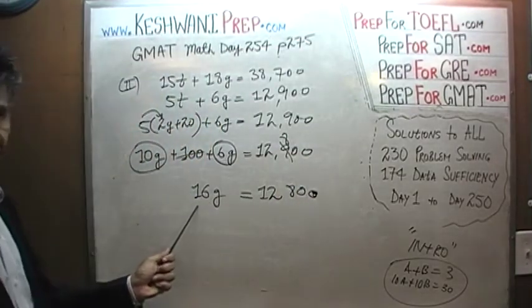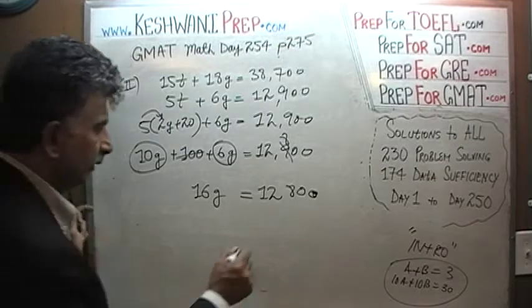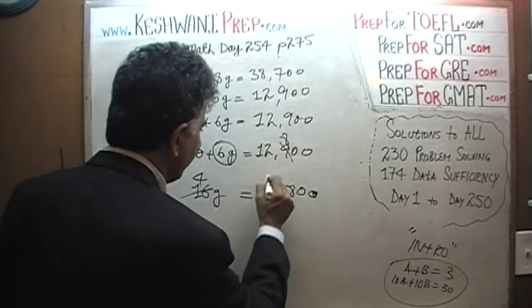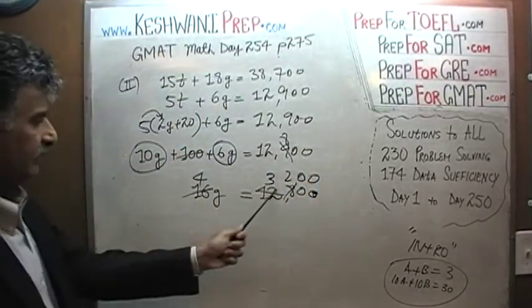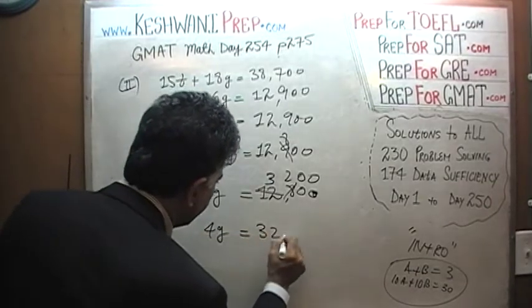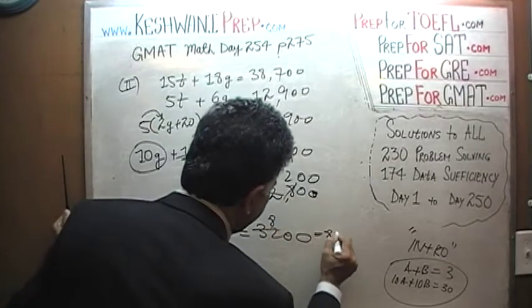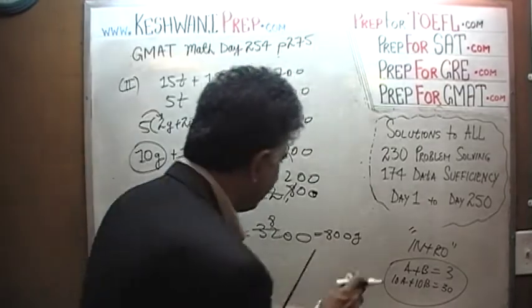I see 16 here, which is divisible by 4, 12 is divisible by 4, and 8 is divisible by 4. Let's divide both sides by 4. So 16 becomes 4, 12 becomes 3, 8 becomes 2, and then we have the zeros. So we get 4g equals 3200. Let's divide both sides by 4. G equals 800. That wasn't bad at all.